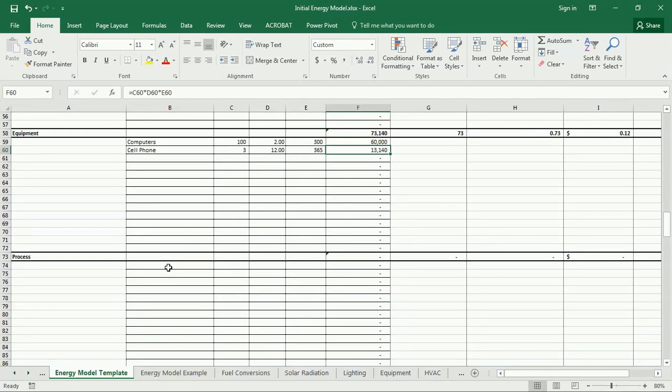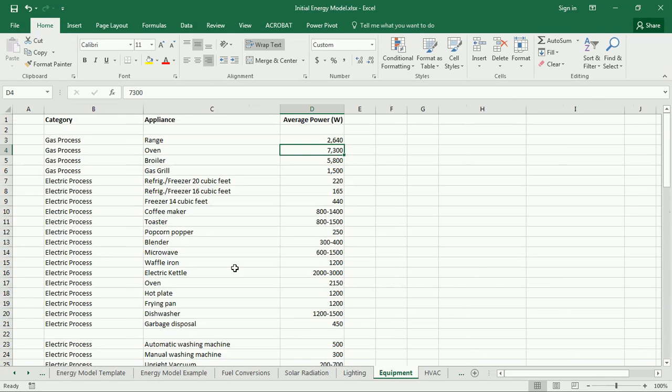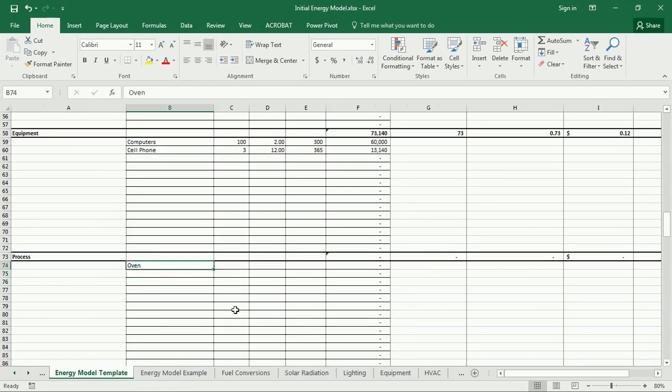And then finally down here, the process loads, which are things like, as I pointed out before, the oven, that is gas and 7,300 watts. So I'm actually going to want to make a note that that's a gas oven, because that will affect the cost.